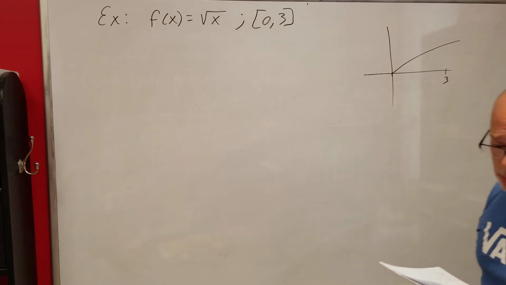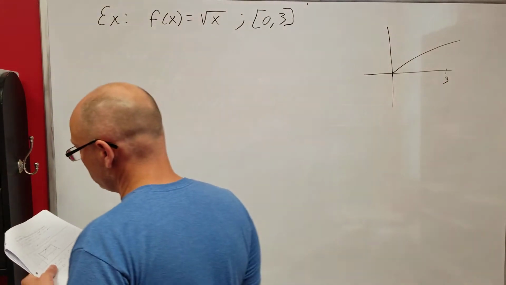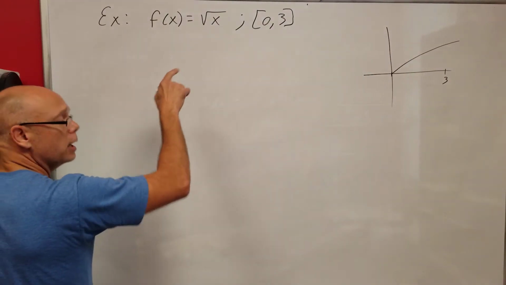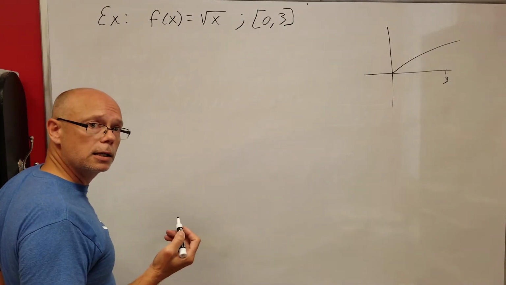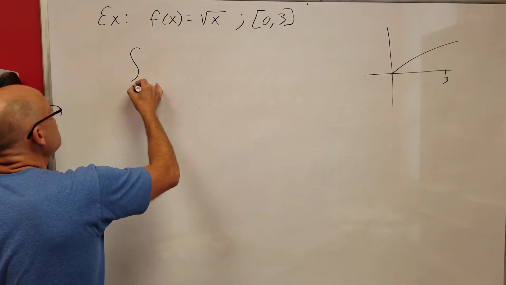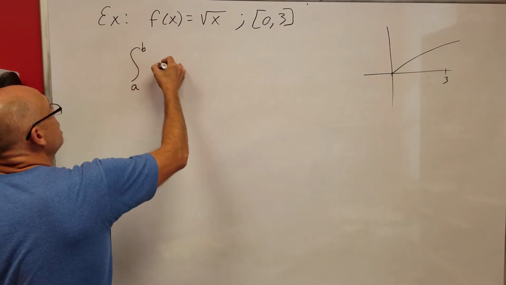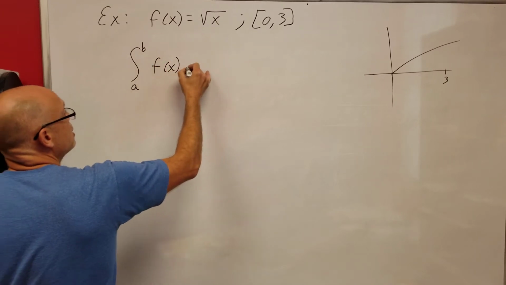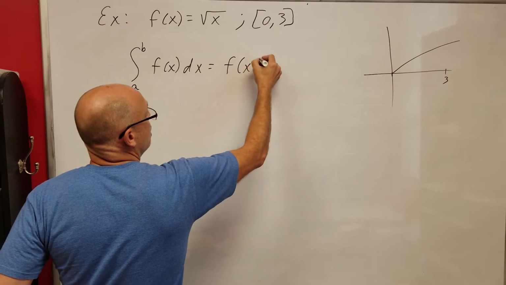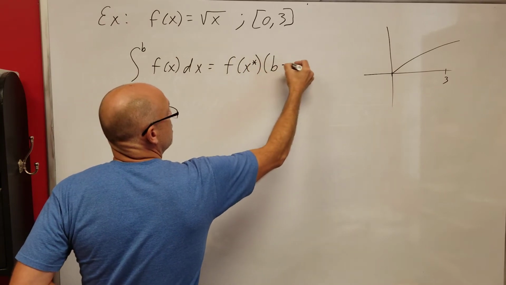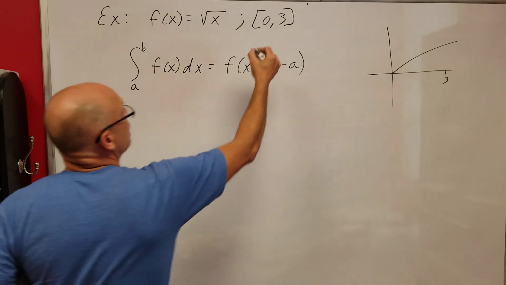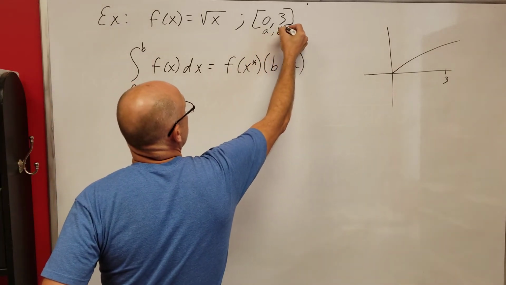So if f is continuous on the closed interval from a to b, then there's at least one point x star in [a, b] such that, all right, so we want to find x star that satisfies the conclusion of the mean value theorem. What is the mean value theorem, what we just had? The integral from a to b of f of x dx is equal to f at x star times b minus a, right? Now this is a, this is b, remember my interval.